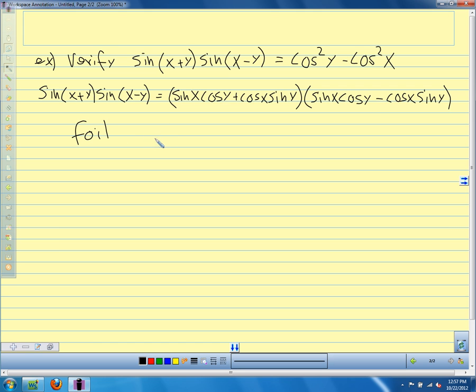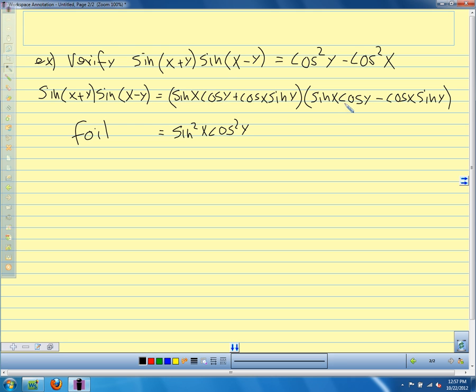For my first term, I get sine squared x cosine squared y. I'm just multiplying sine x cosine y times sine x cosine y. For my outside, I get sine x cosine y times cosine x sine y with a negative sign. For my inside, I get cosine x sine y times sine x cosine y with a positive sign.